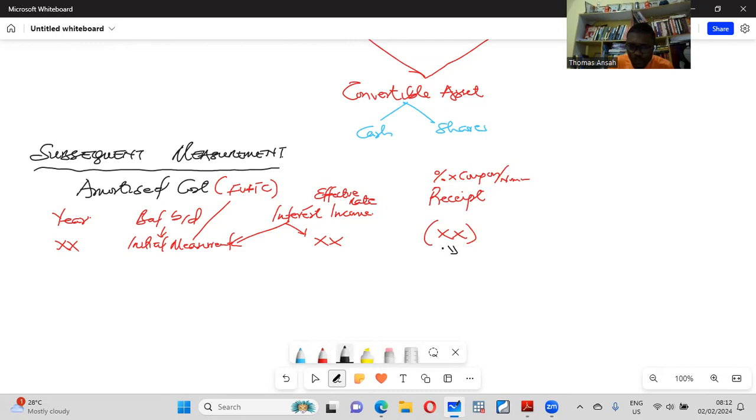So if you have not received it, you deduct. If you are yet to receive it, it is a receivable. Please take note of that. Because some instruments will say they will receive everything all together on the redemption date, including this. So please, that one, it means that it is what? A receivable. If it has already been received, it's a cash flow item. All right, it's going to your cash. If it has not been received, then it is what?